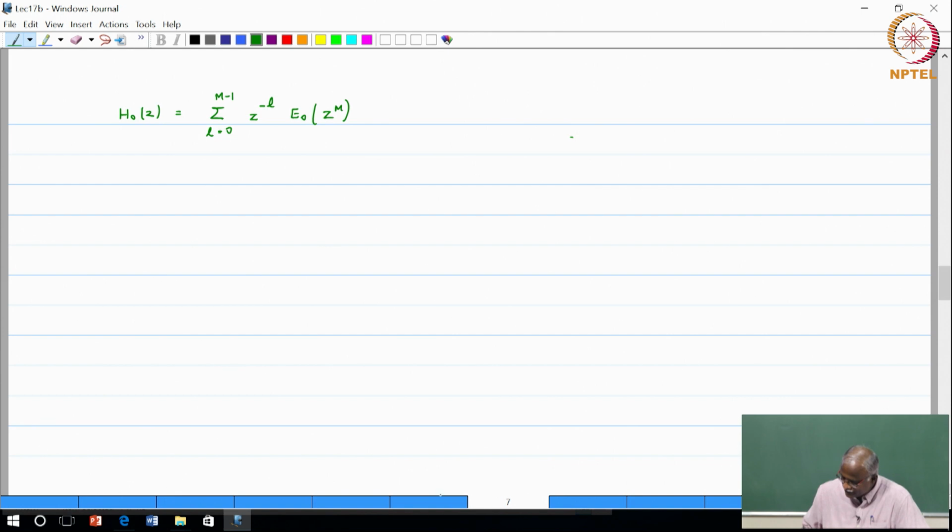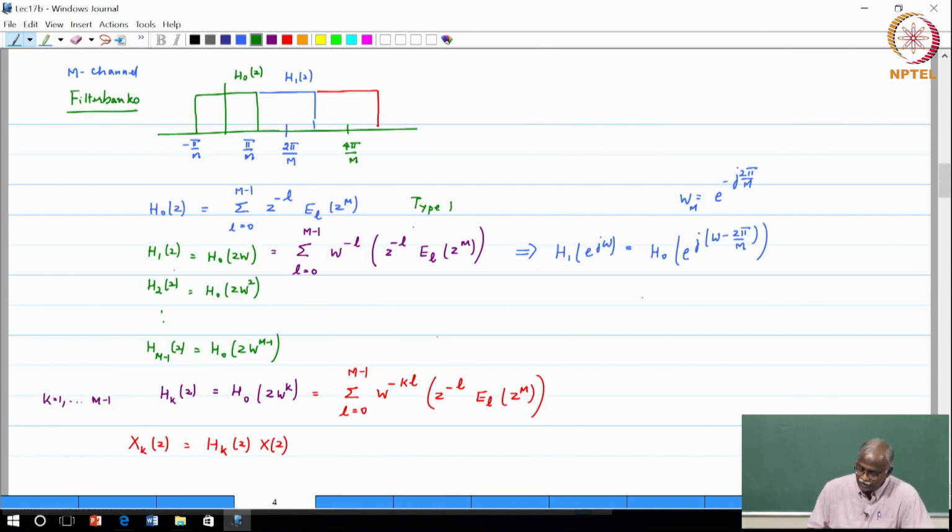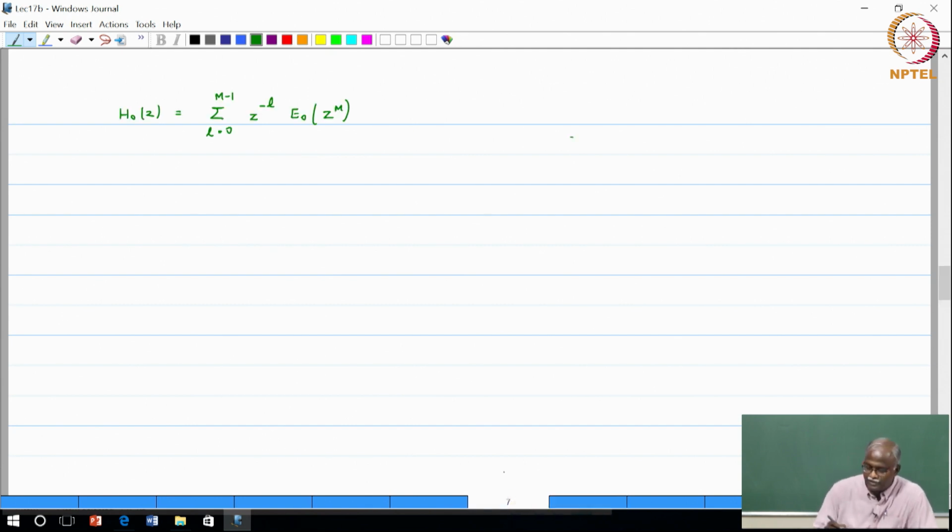In the previous case it was obtained by H naught of ZW. So, if I want to get the transpose conjugate, let me look at ZW inverse. I just want to look at what H of ZW inverse actually represents.